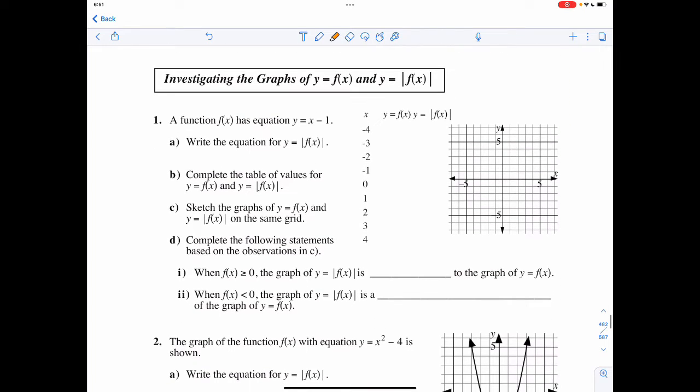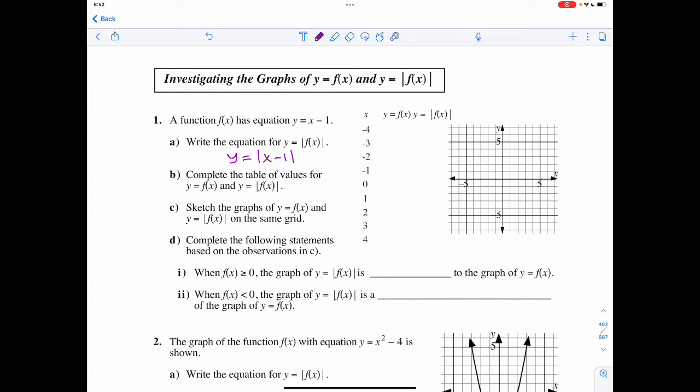We can do the same transformation process for any of these. So if I had a function y is equal to x minus 1, well, the absolute value of this would just be y is equal to the absolute value of x minus 1.